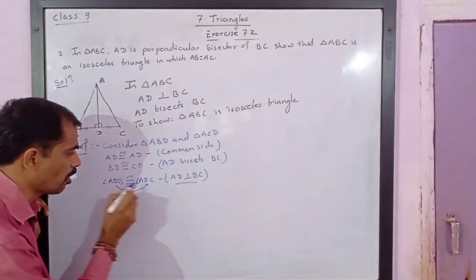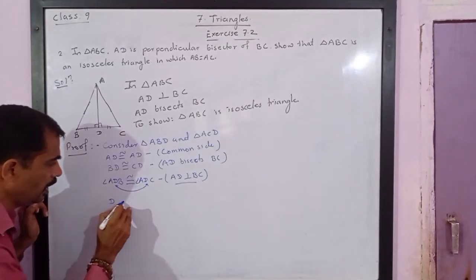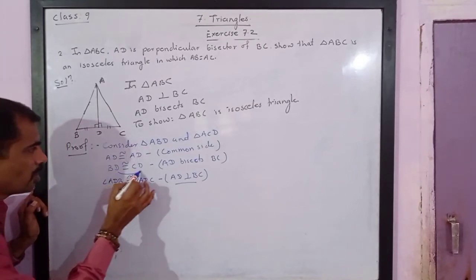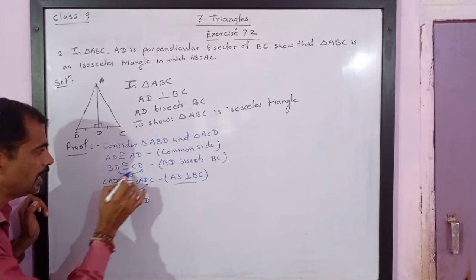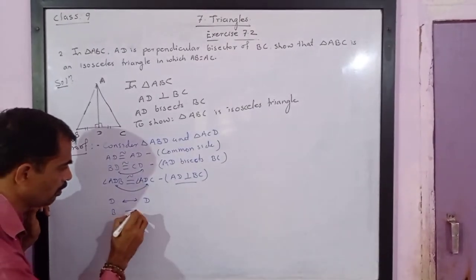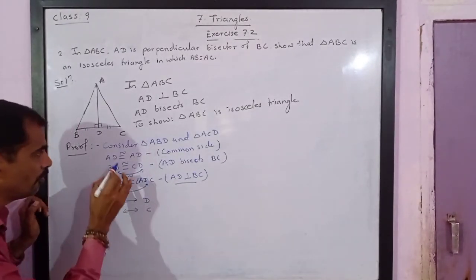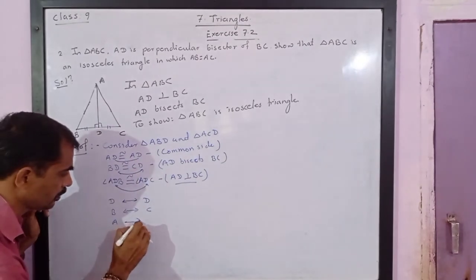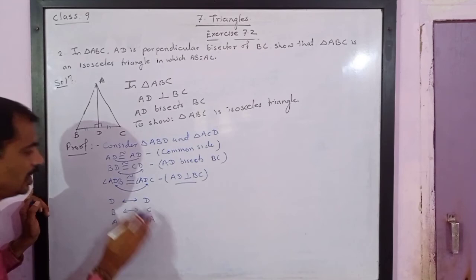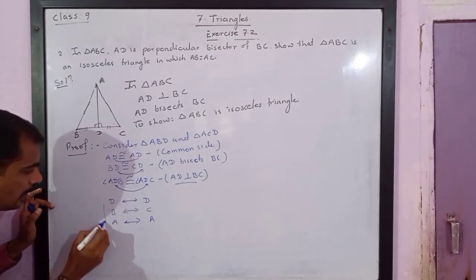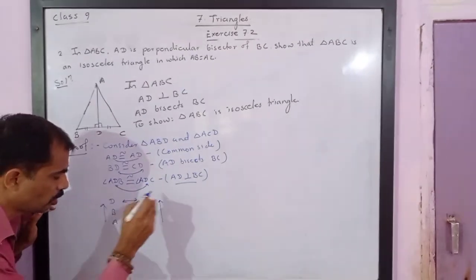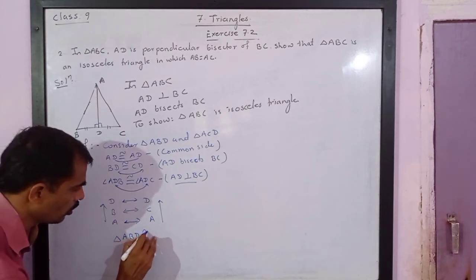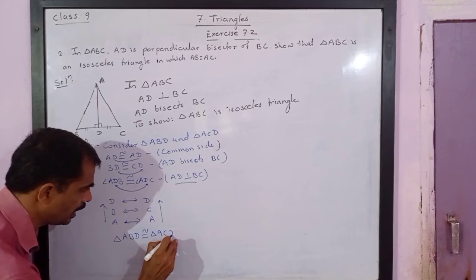So here D corresponds to D. Then if D corresponds to D, we get B corresponds to C. If D corresponds to D, it means A corresponds to A. So please note, we have got the triangle from downside to top side. Triangle ABD congruent to triangle ACD.